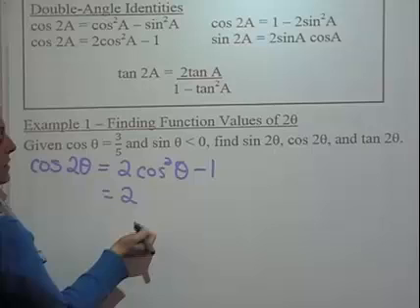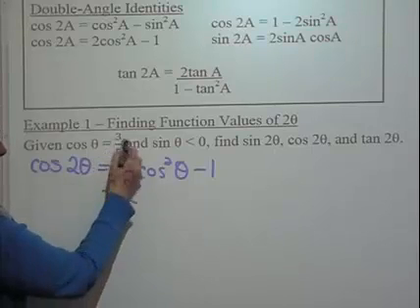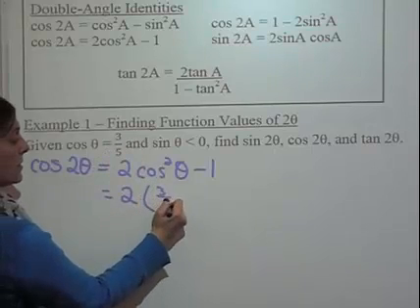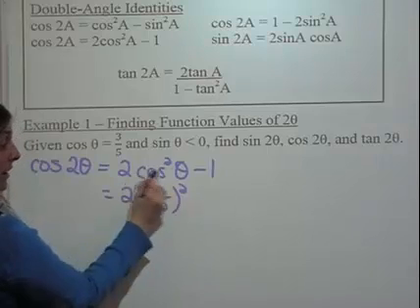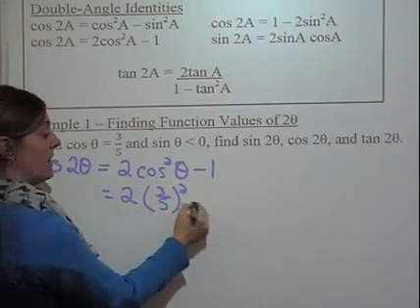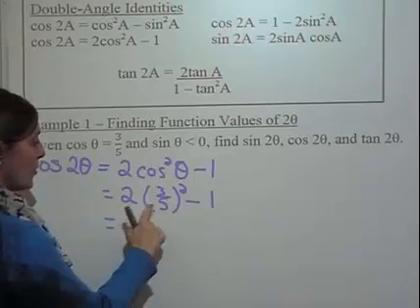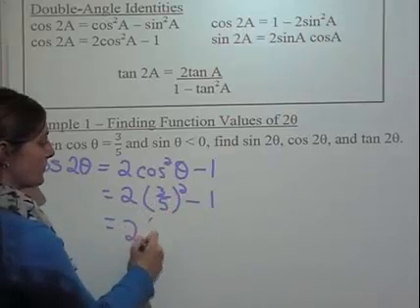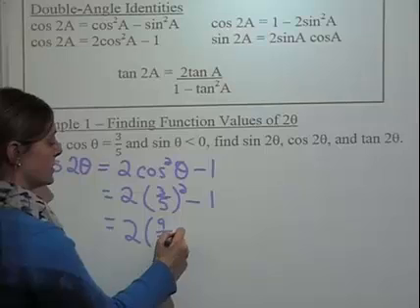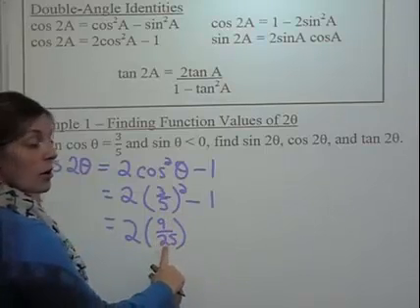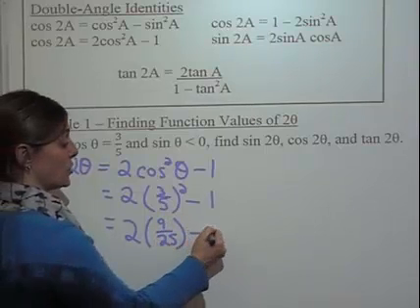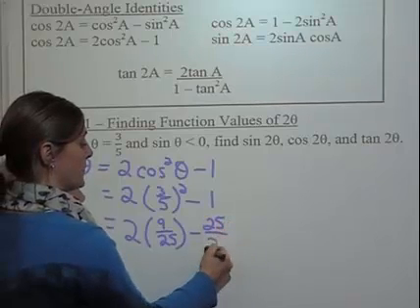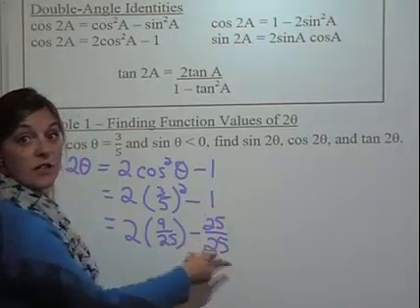So then we know that cosine of theta is 3/5, and that was squared, cosine squared theta, and then minus 1. So we square the 3/5, and we get 9/25. And since I know I'm in 25ths here, I'll change that to 25/25, because 1 is the same thing as 25/25.